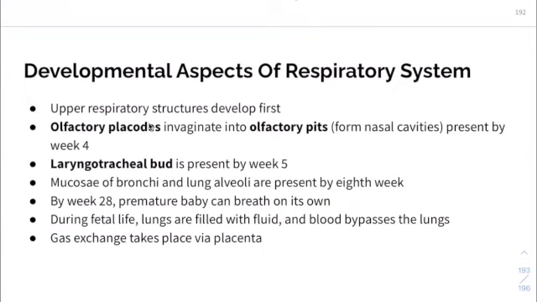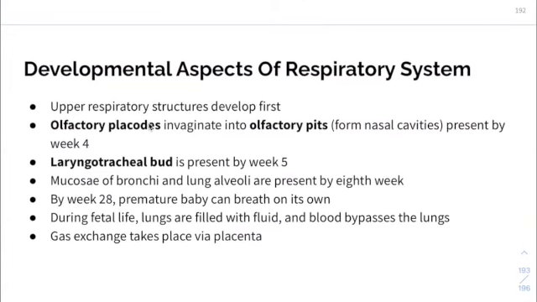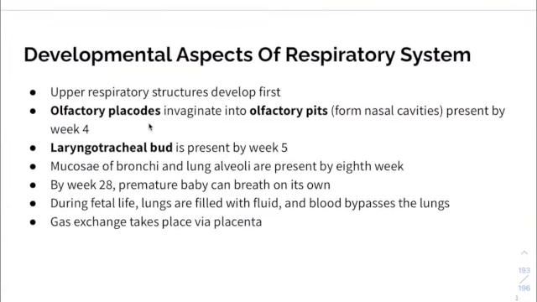So where does our respiratory system come from? It's the last section from this PowerPoint. Our upper respiratory system develops first. We have olfactory placodes. These will invaginate into olfactory pits.